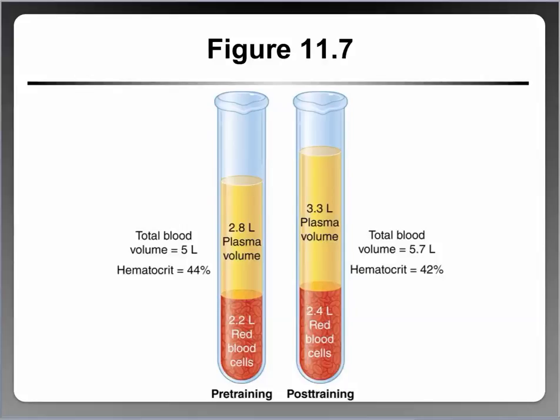Post-training, you see it go up a little bit. Hematocrit is the ratio of plasma, or the liquid component, to the cell component. And because you see such a large increase in the liquid component, or the plasma volume, when you take the ratio to the red blood cells, you have a decrease in percent of hematocrit.